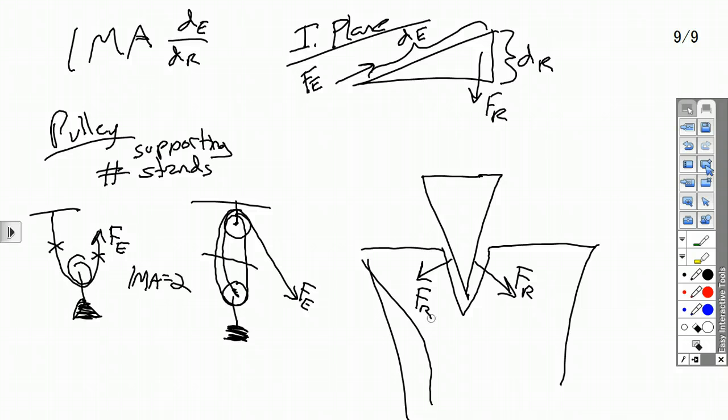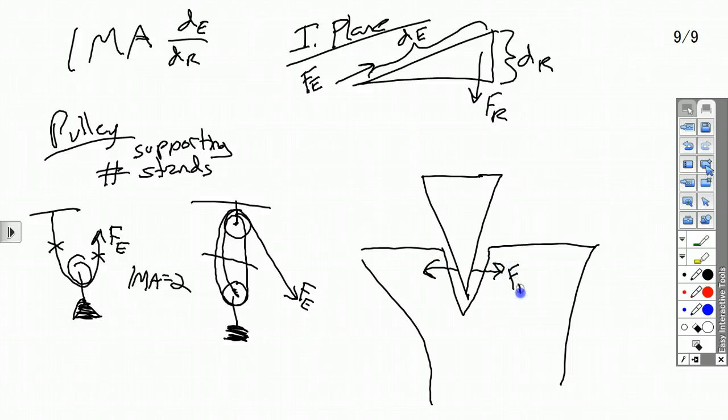And if you imagine this without friction, these would be perfectly horizontal. If you had included friction with the resistance force, they would be slightly at an angle. We're going to consider it without friction, back up, and look at it coming straight out.